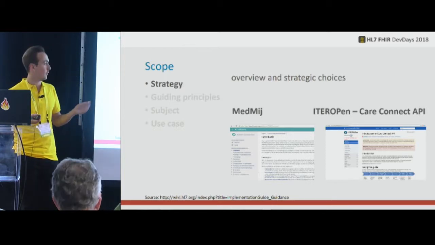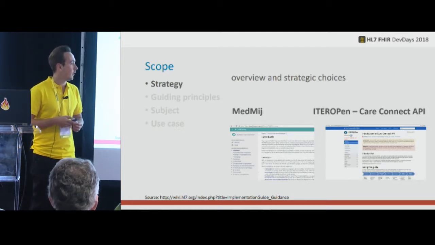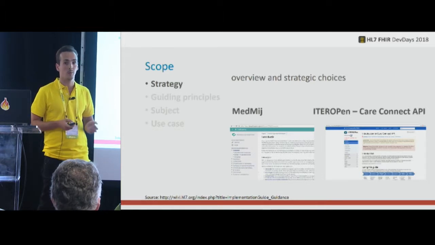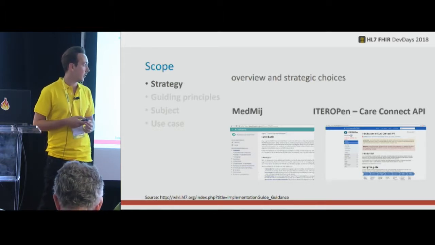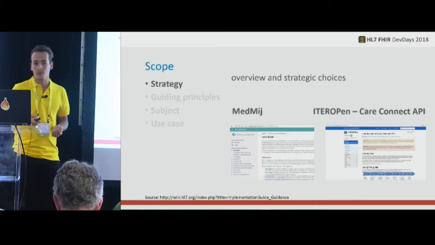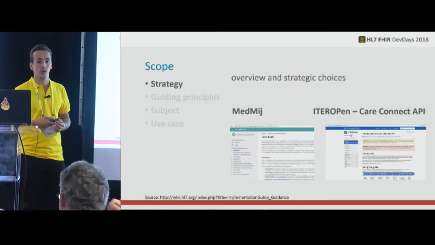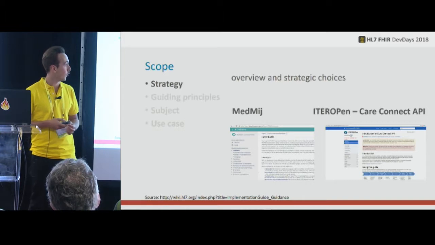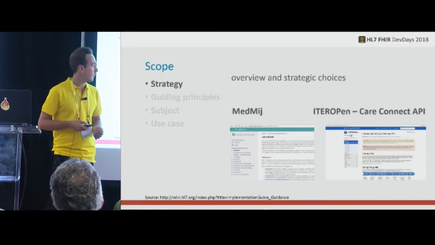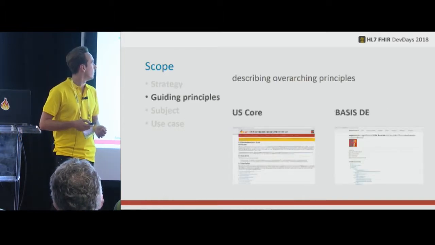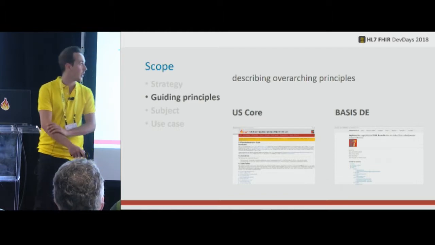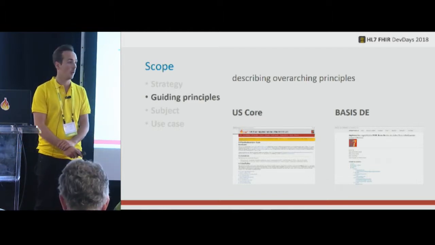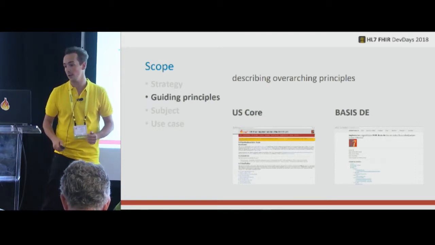Next to it, we also have the CareConnect API from INTEROPen, which is also a very big implementation guide for the UK, where they give guidance on how to use the nationally defined resources for healthcare in the United Kingdom. The following scope is the guiding principles, and here you can think of the US Core implementation guide or the Basis DA.